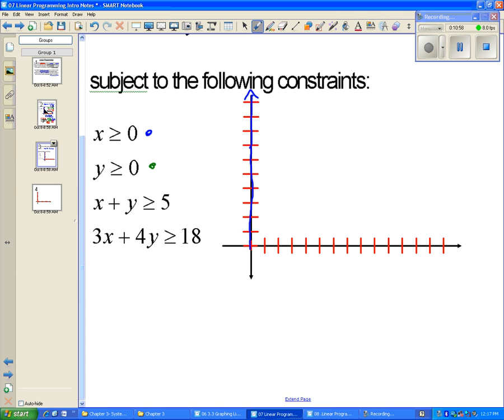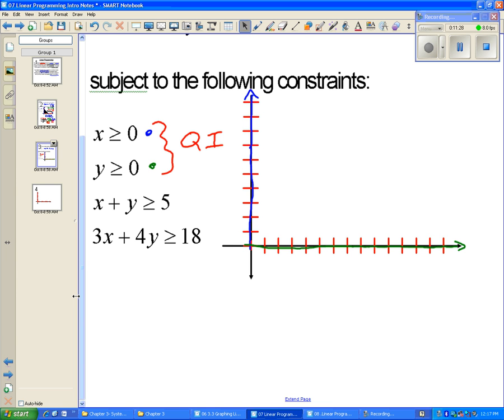That means I want all my y's that are greater than or equal to 0. So I'm going to have everything that's above the x-axis. So these two tell me that I'm going to be in quadrant 1. Notice that's all I gave you, so I knew that ahead of time.